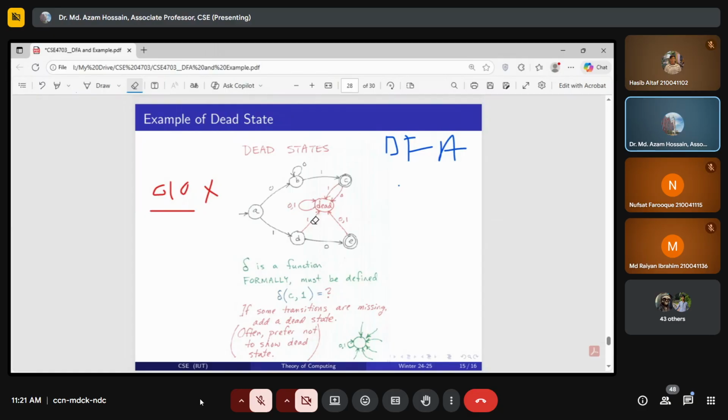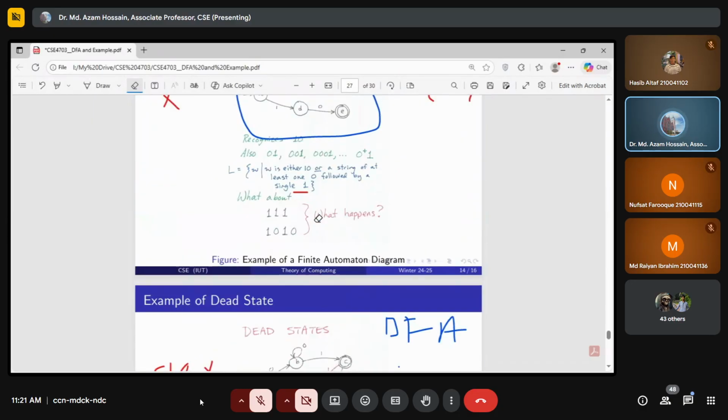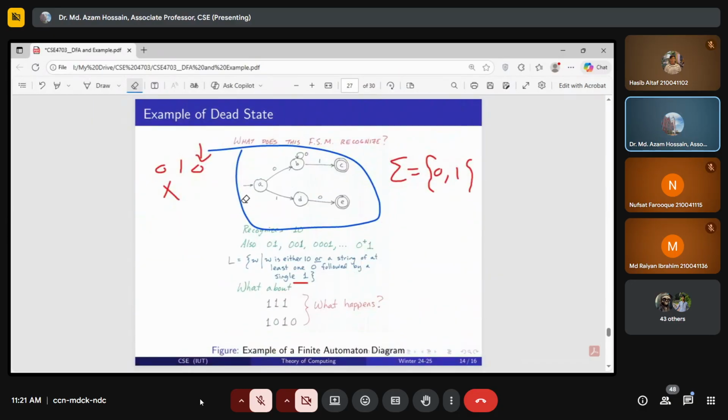The dead state. Is it clear? So this is actually a DFA, a perfectly correct DFA. For simplicity, we don't put all the edges. Okay? Clear?